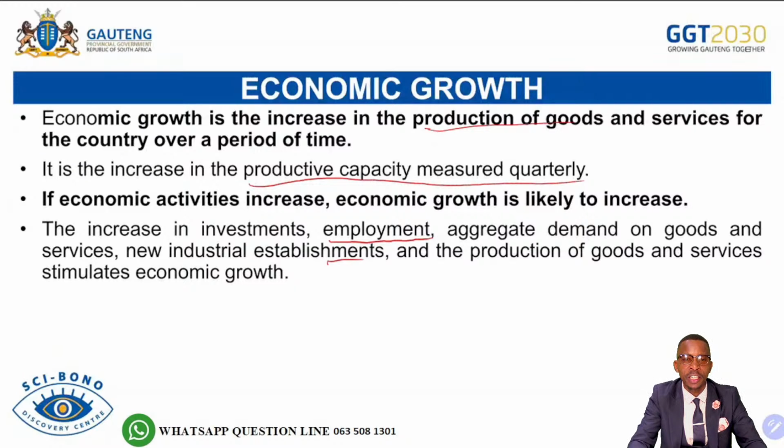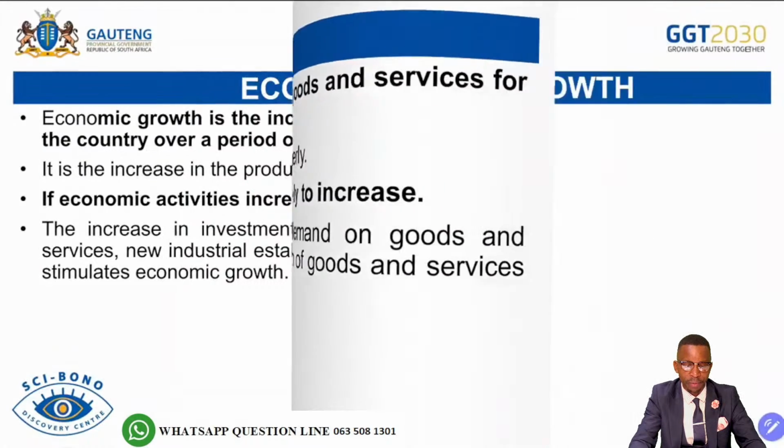For that reason, there might be more aggregate demand because people will be employed. Also, if more industries are being established, maybe with more local entrepreneurs establishing businesses in the country, that can also lead to economic growth, because as more industries are established, there can be more production of goods and services. There can be more employment opportunities extended to people in the production of goods and services. These will stimulate economic growth.